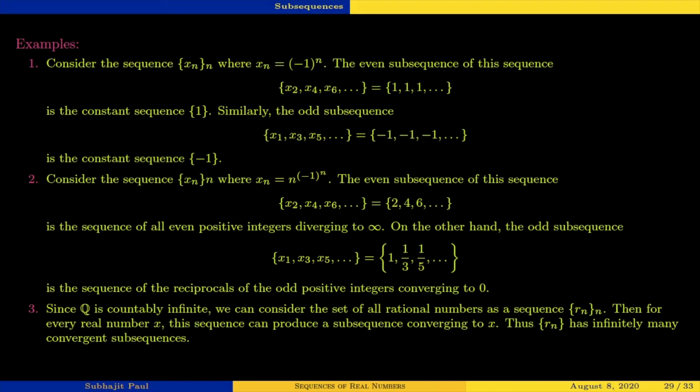Then for every real number x, this sequence can produce a subsequence converging to x, because we know that the set of all rational numbers is dense in the set of all real numbers.